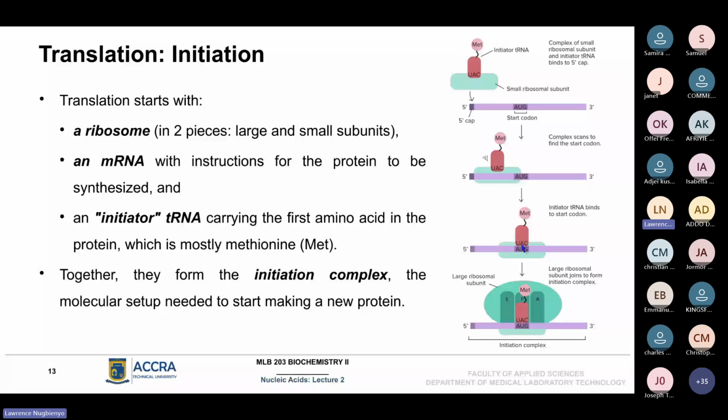First of all, the small ribosomal unit comes in before the large ribosomal unit comes to form the whole complex, where you now have the exit site, the peptidyl site, and the amino acid site together. So you now have the whole initiation complex being formed. The complex is now ready for the process of translation, which is gene expression or the synthesis of protein, to start.